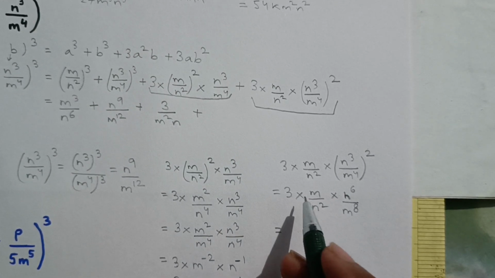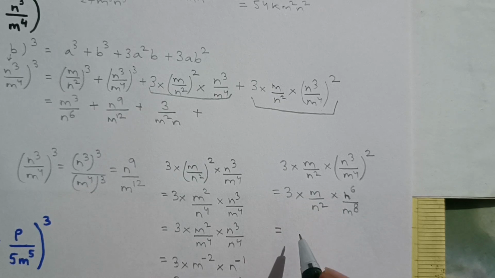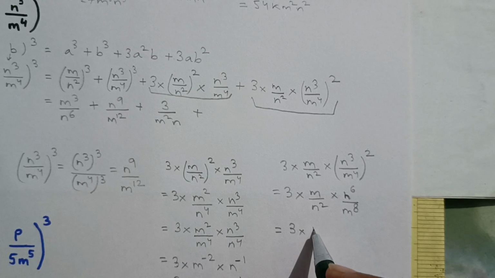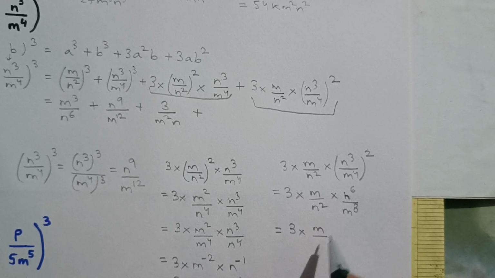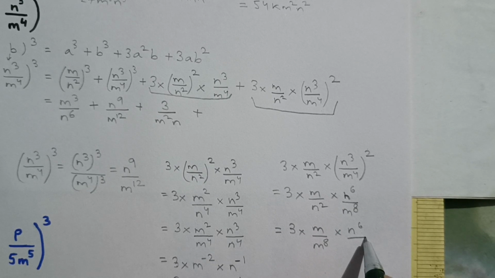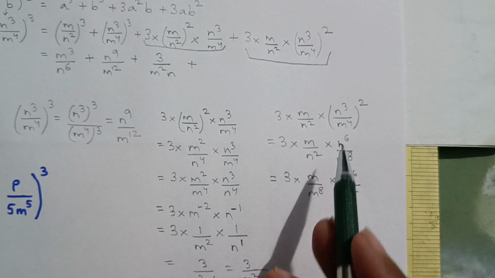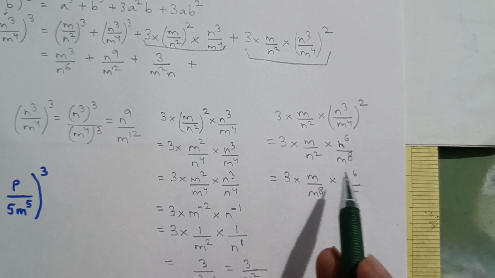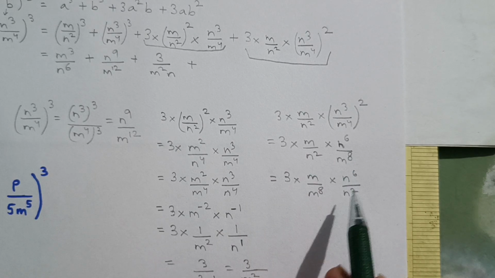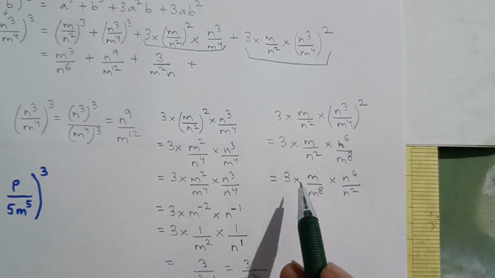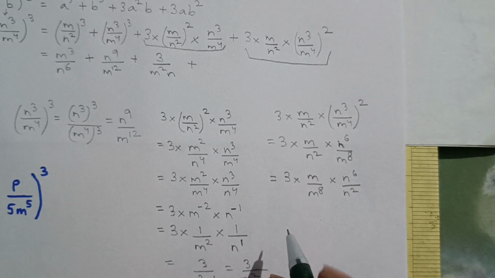Now we have to simplify this. So this expression I can write as 3 into m upon m to the power 8 into n to the power 6 upon n square. What I have done is reorganized this expression and written it in this way.